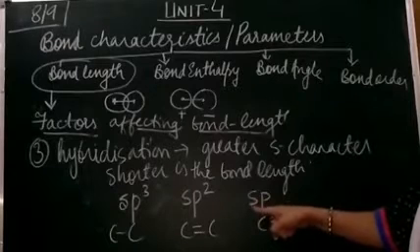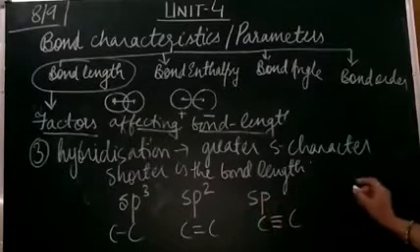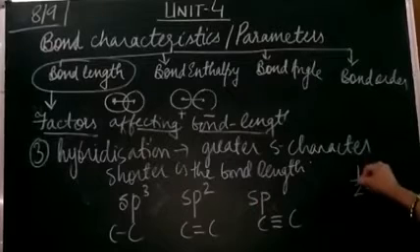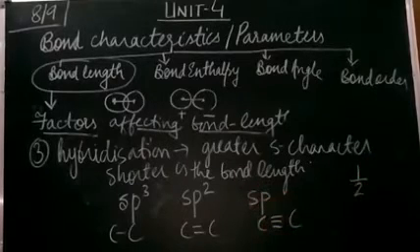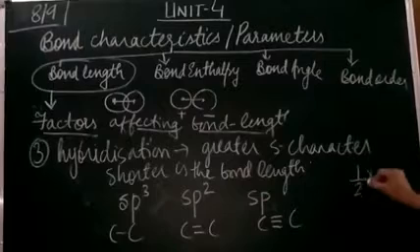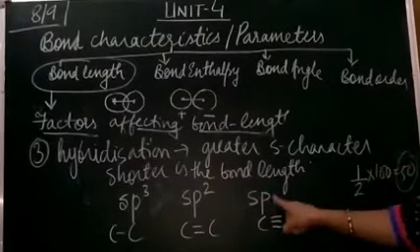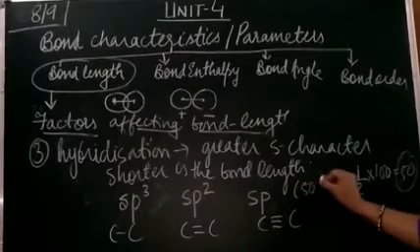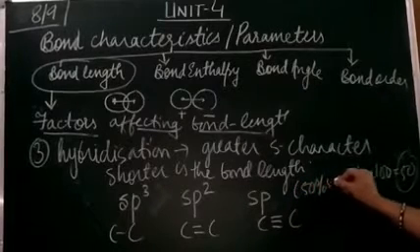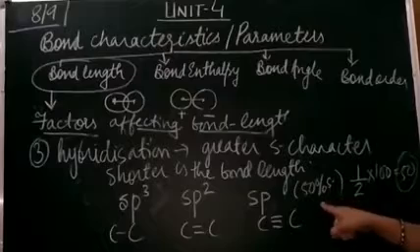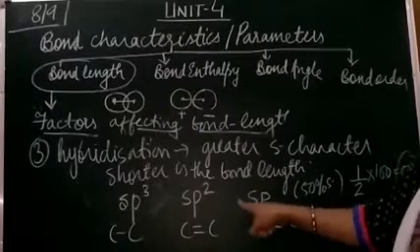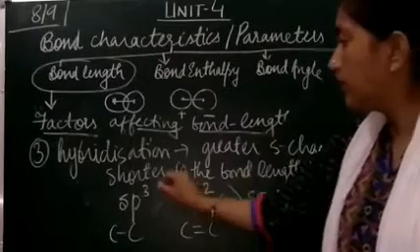How many orbitals are involved here, students? Two. And out of that, one part is of the s orbital. So you are getting 50%. So here in sp we have 50% s character, and that's why it has the shorter bond length.